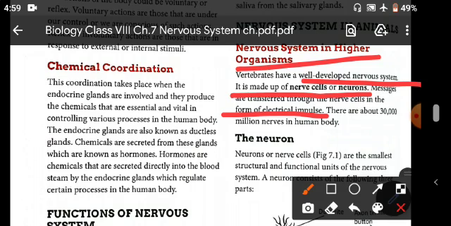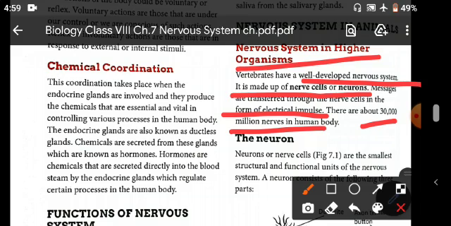That means in which form is the message sent? In the form of electric impulse. There are about 30,000 million nerves in human body. So very much in number is the presence of nerves in the body of human.